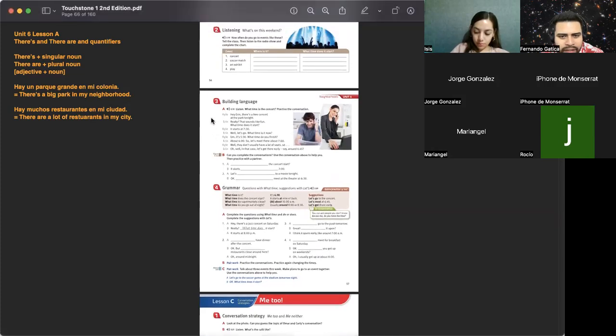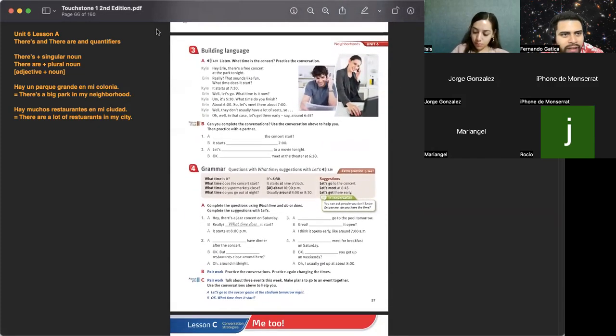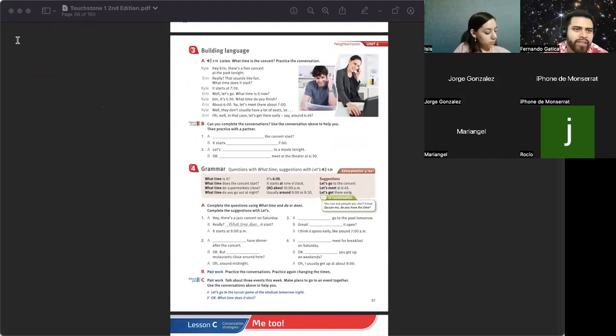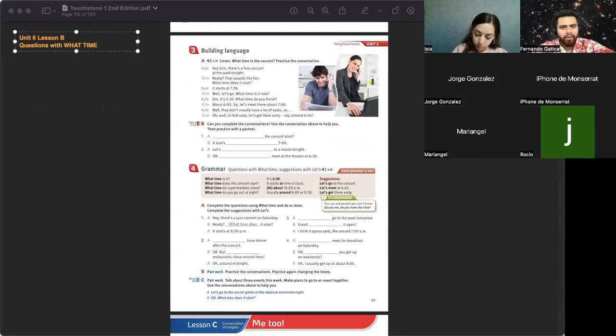Page 57. Yeah, page 57. This is the last lesson. Unit 6, lesson B. In this question, we practice questions with what time in the simple present.